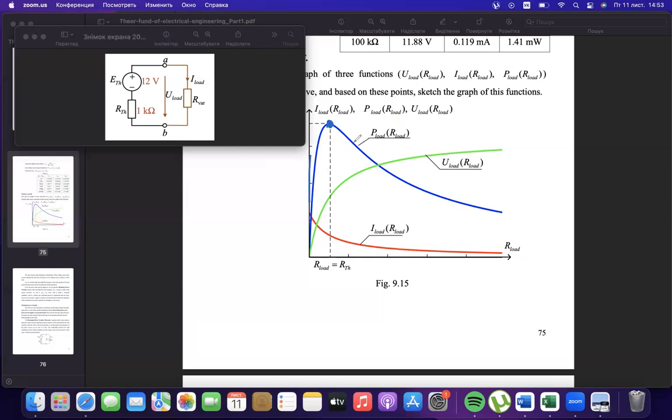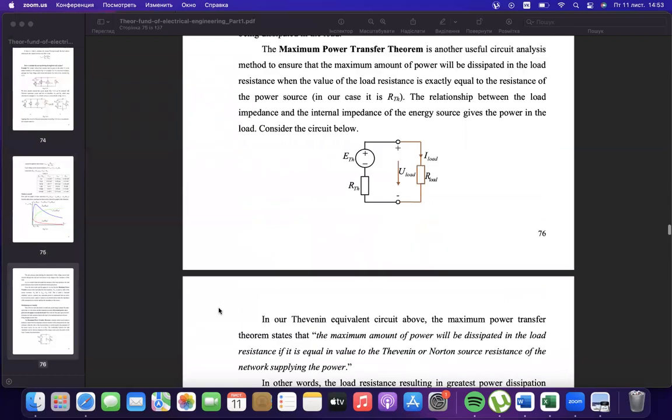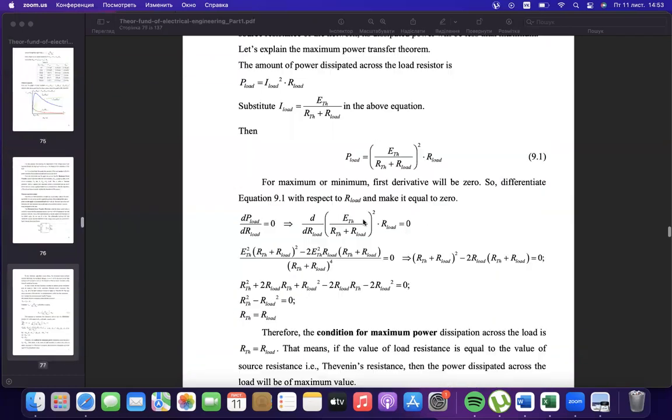Because at any other point, the tangent line will have some angle with the horizontal x axis.